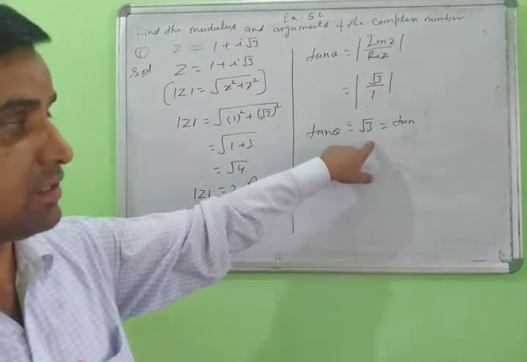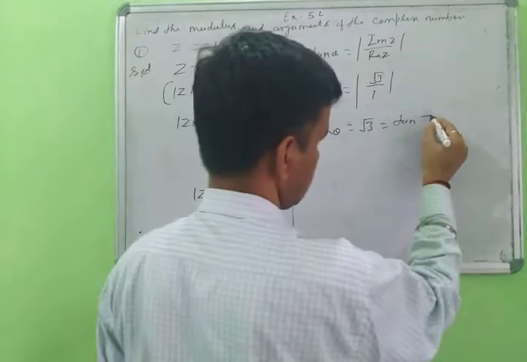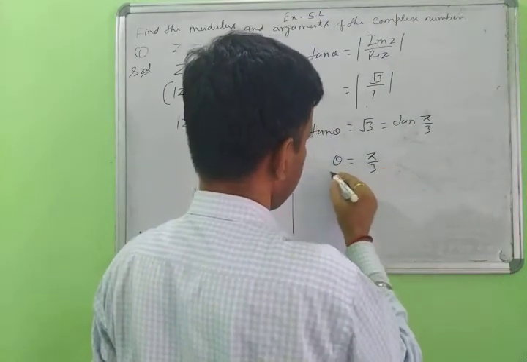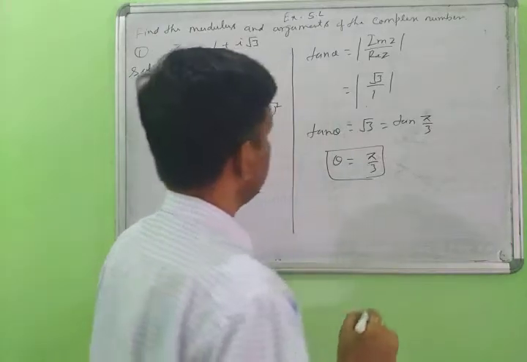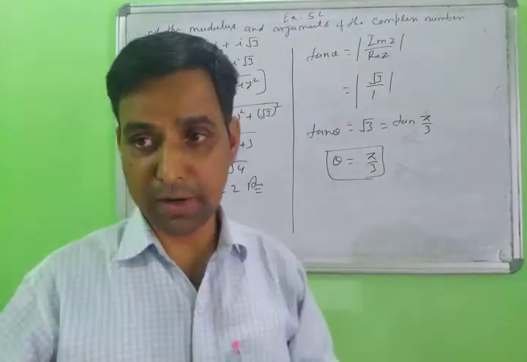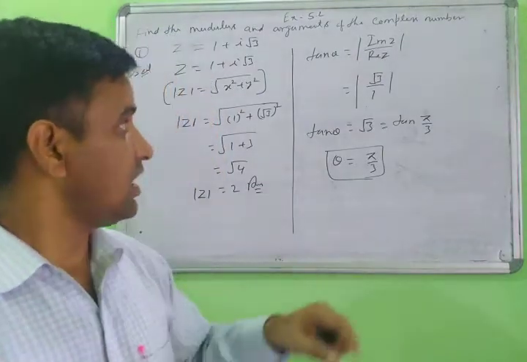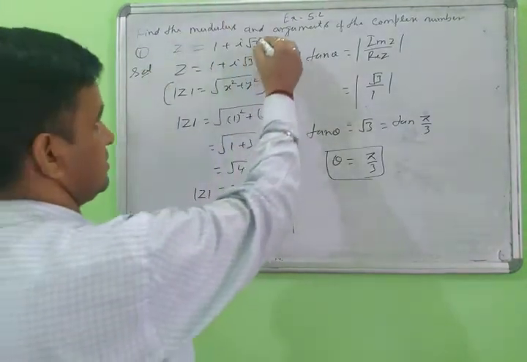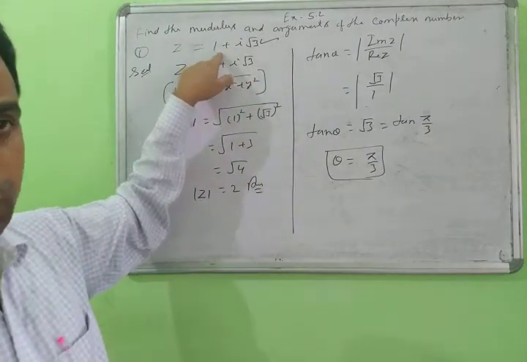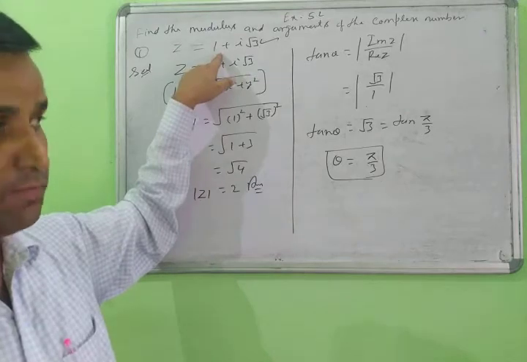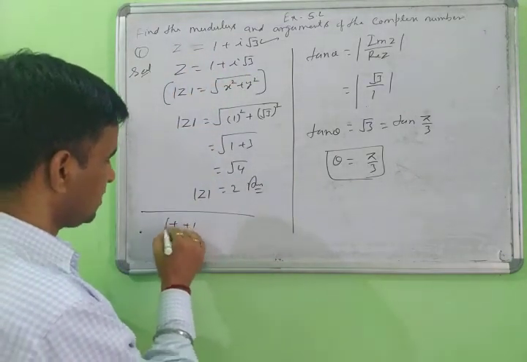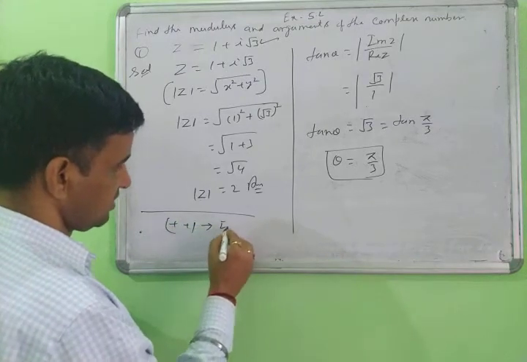Root 3 means tan 60, which is pi by 3. So theta equal to pi by 3. This is the theta, not the argument. The argument depends on the quadrant. Now check these points: this is the first quadrant, second quadrant, third quadrant, and fourth quadrant. So now you check this. This plus always comes in the first quadrant.